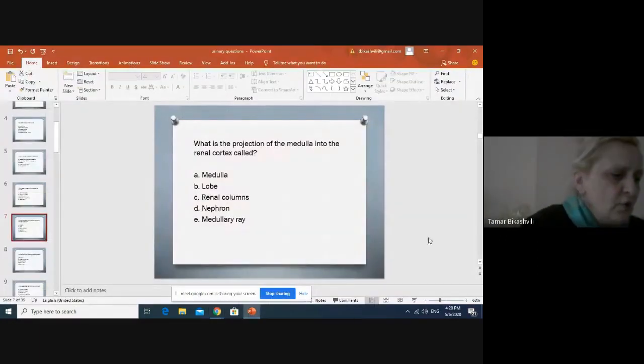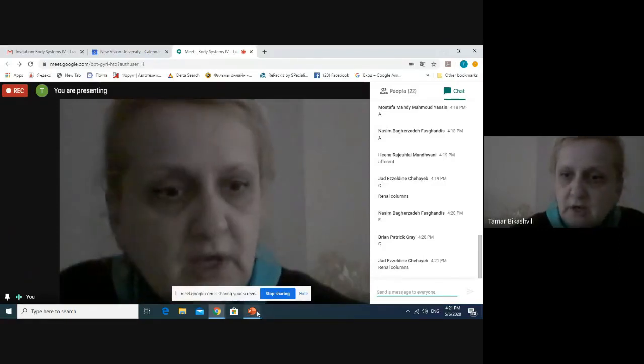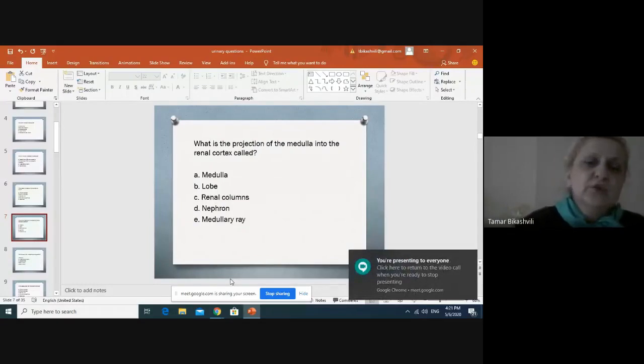Renal columns or medullary rays? Because I have received two different answers. From medulla into the cortex, they are medullary rays.